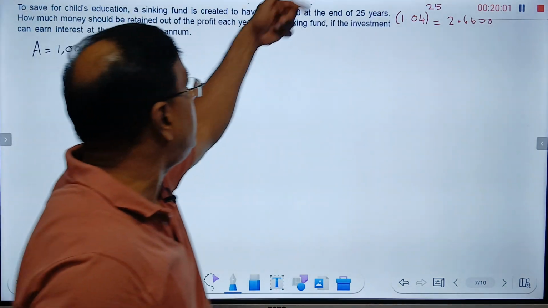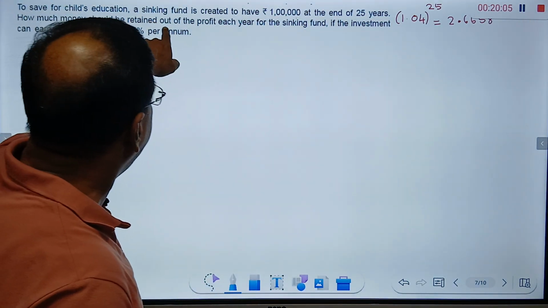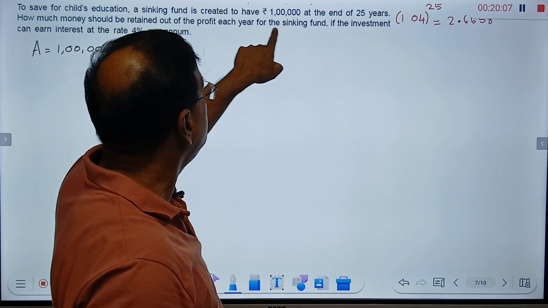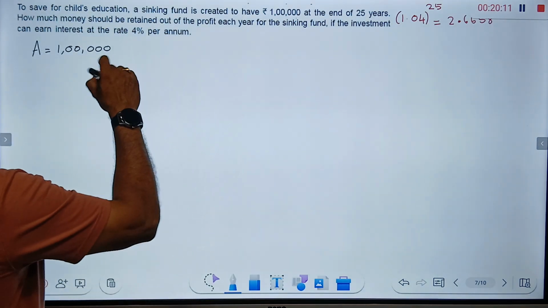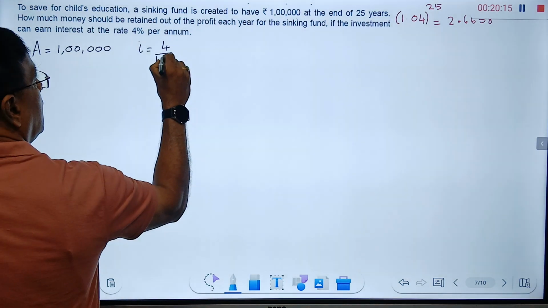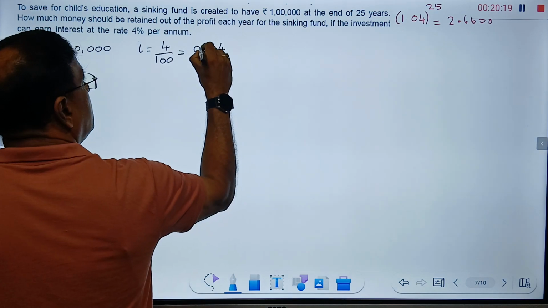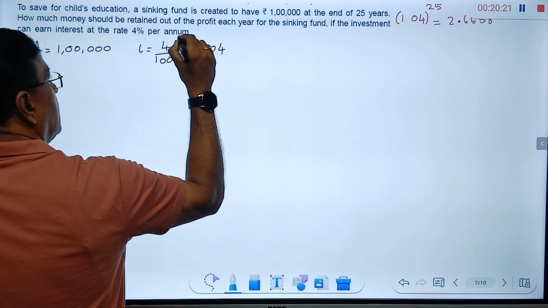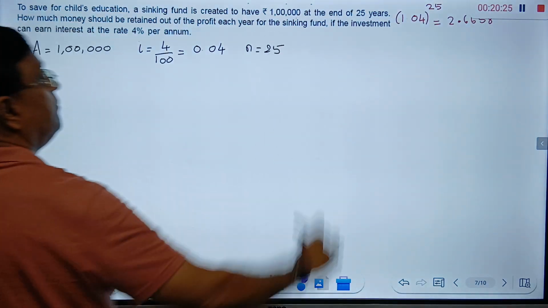At the end of 25 years, how much money should I retain out of profit each year for the sinking fund if the investment earns me an interest of how much? 4 by 100. 4 by 100 is 0.04. Here I don't have to divide by anything because it is per annum. And the number of years also will remain as 25.